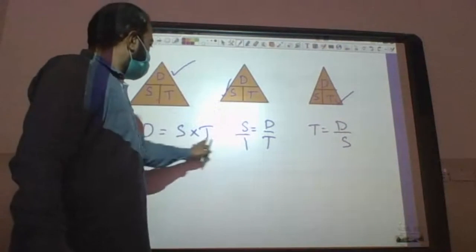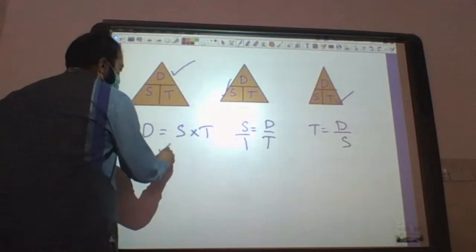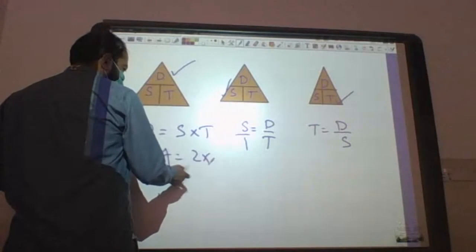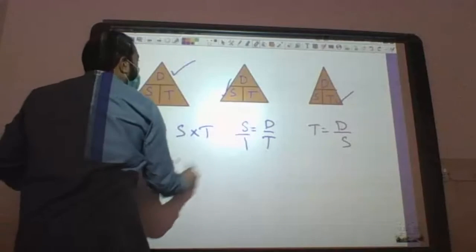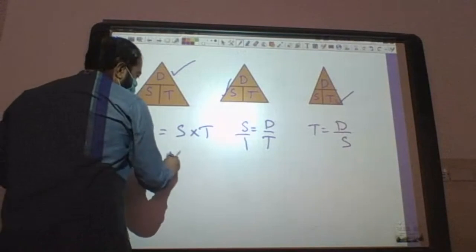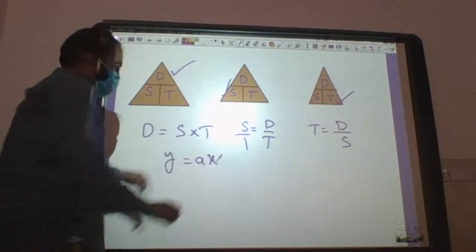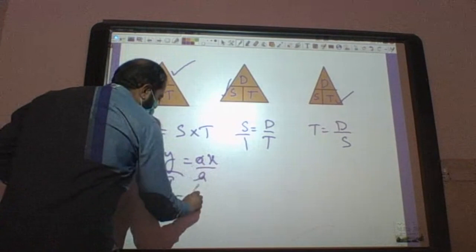Like if y is equal to ax and you want to make x the subject, then you divide by a, so x is equal to y over a.